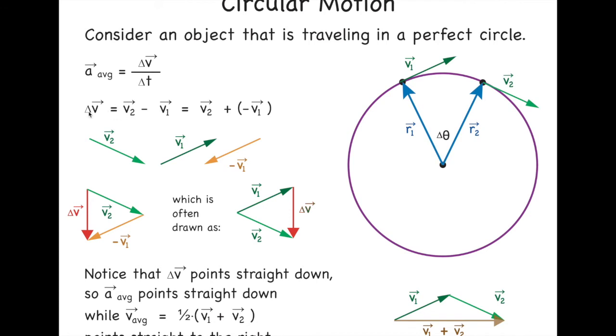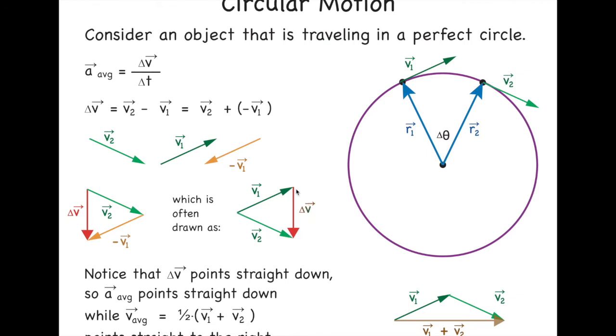So then it becomes delta V plus V1 is equal to V2. In other words, V1 plus delta V is equal to V2. So then you do head to tail here. V1 plus delta V head to tail. And the resultant of that vector addition is from beginning to end, V1 plus delta V.